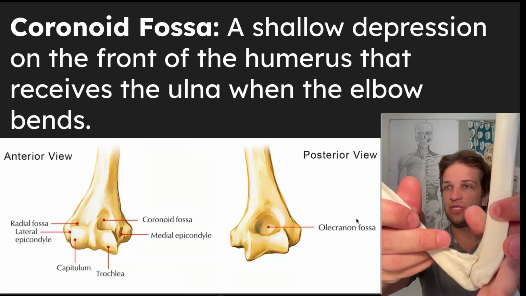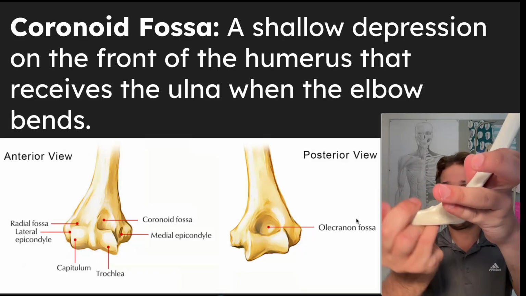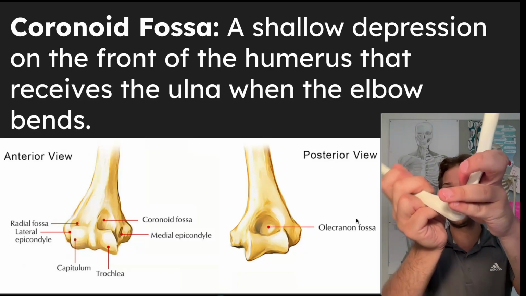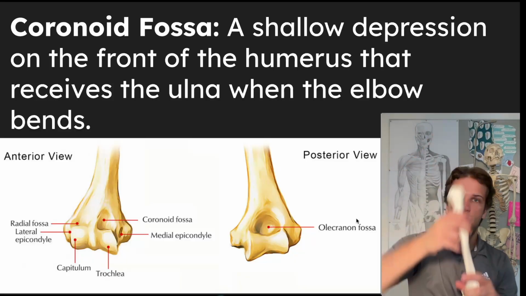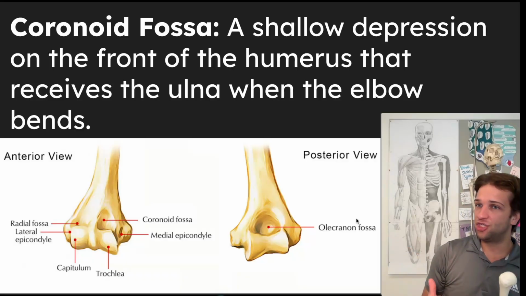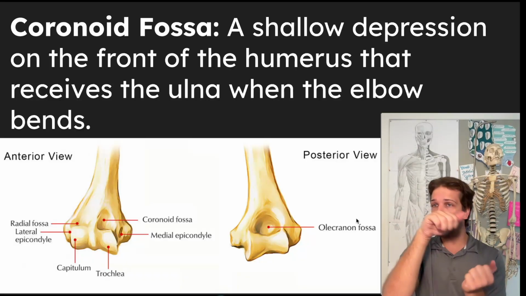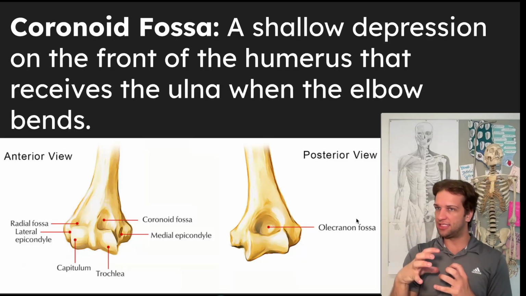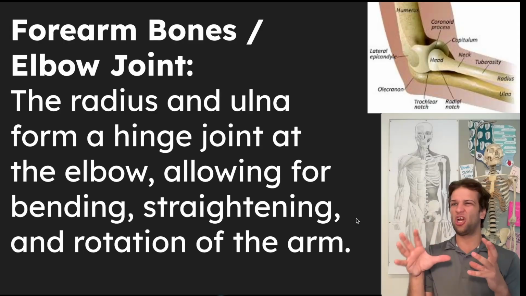So it allows them to come together like this, right? All that these fossa are, olecranon on the back, coronoid on the front, are just divots, indentations that allow for the parts of the ulna to actually slot in. That's that jigsaw piece that we're talking about. So that is kind of our humerus.